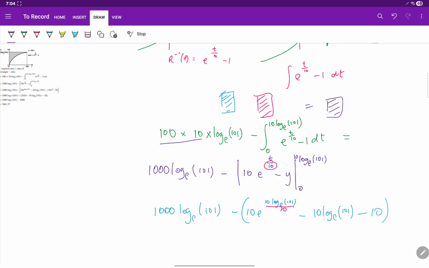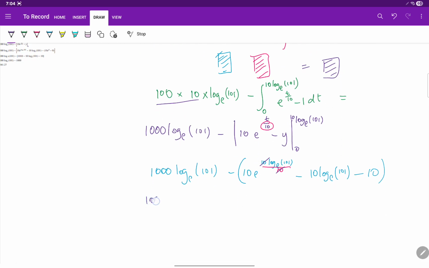From this point, if we evaluate, that crosses out, so this becomes 1000 log e 101 minus, I'm going to expand these brackets, 10 e log e 101 minus 10 log e 101 minus 10. So when we expand the brackets, it's going to be plus, and that's plus.